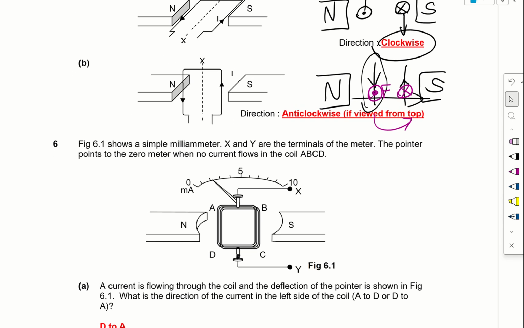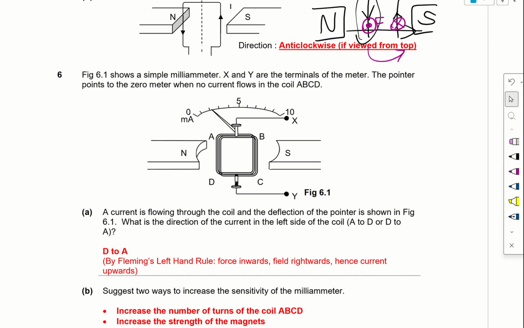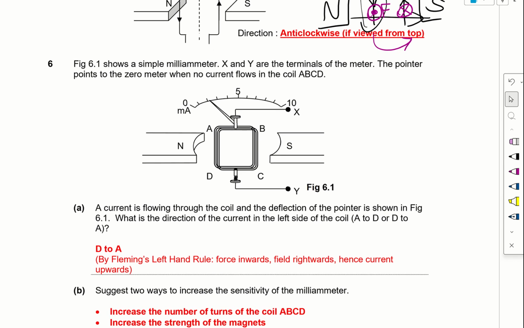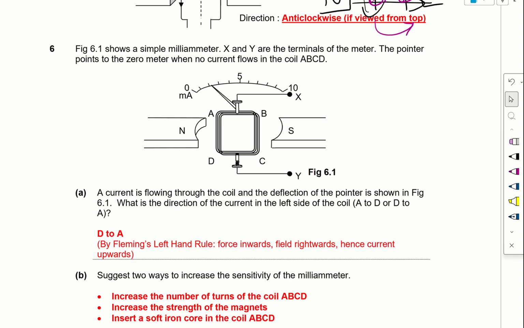Okay, last question. Figure 6.1 shows a simple milliammeter. So X and Y are the terminals of the meter. The pointer points to the 0 mark when no current flows. Okay, so this diagram is a little bit complex because the arm AD is turning, right? It's moving.